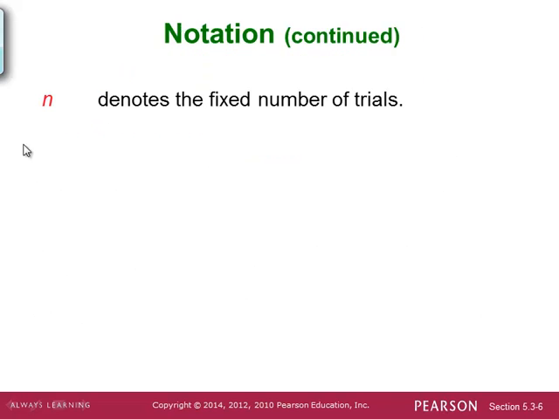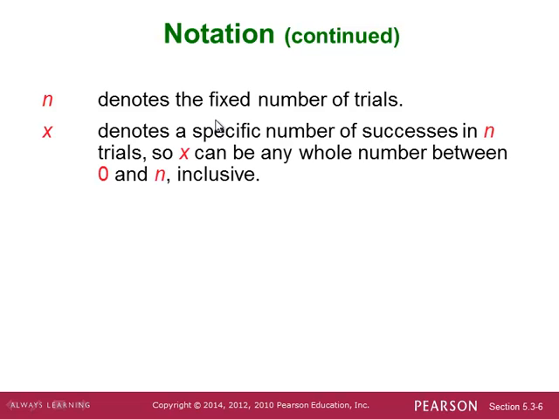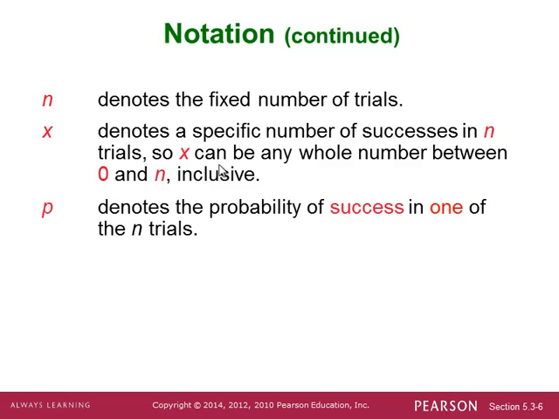The letter n is going to denote the fixed number of trials. Think about n being the sample size. Typically, that's what n is. x is going to be the random variable which counts the number of successes out of n number of trials. P, the little p here, will be the probability of a single success in a trial.